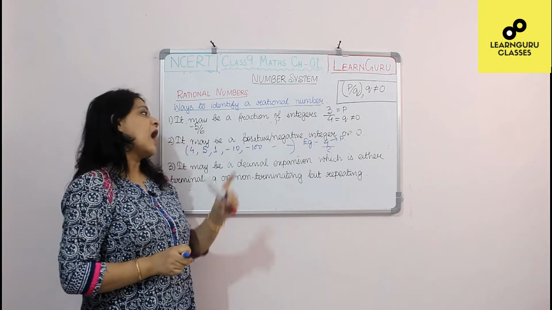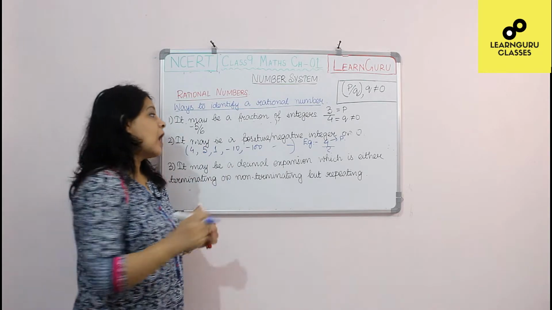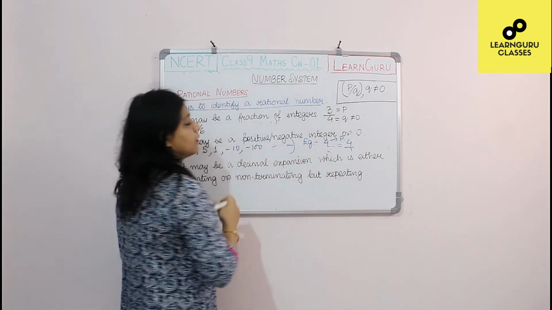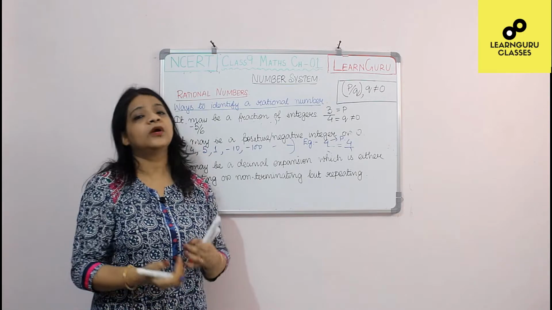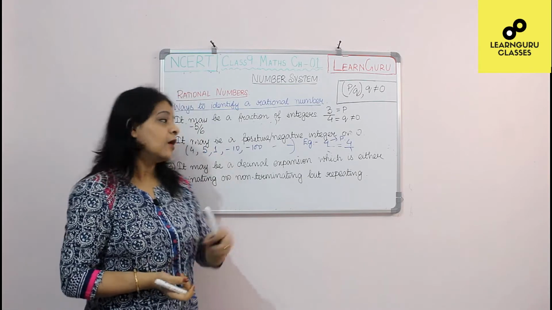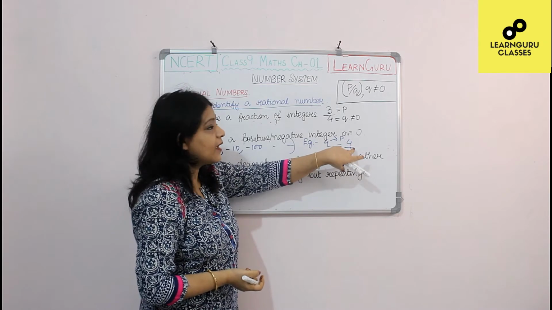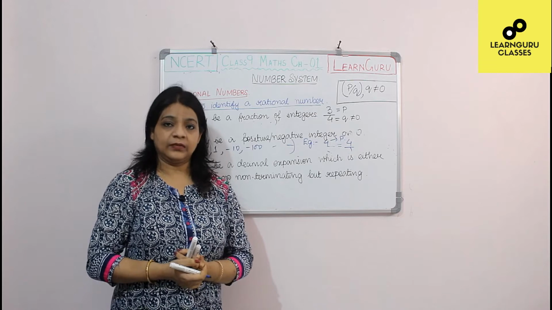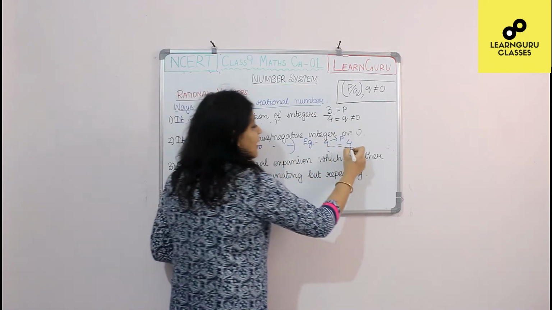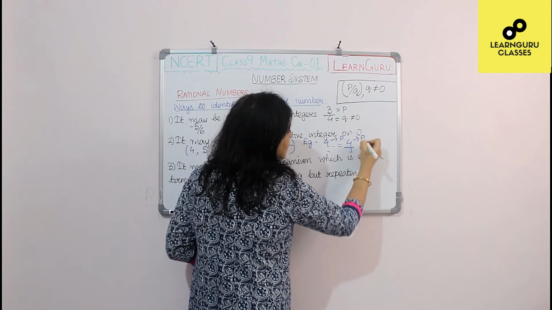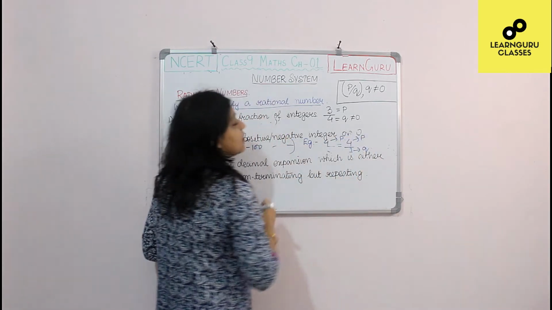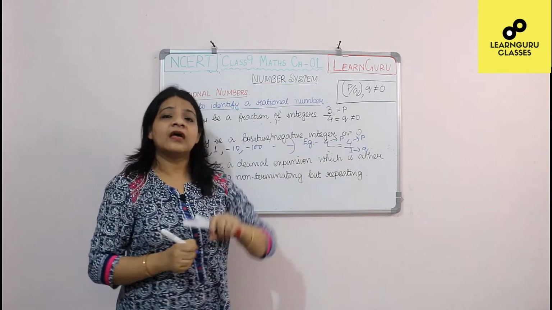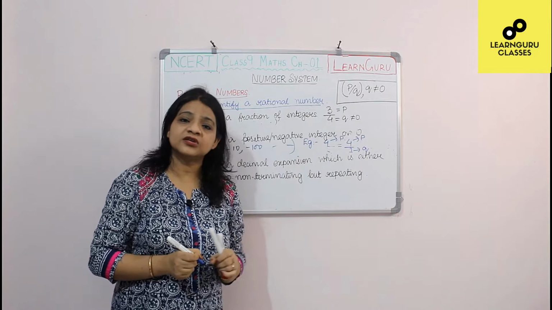The answer is, can I write 4 as 4/1? Yes, because any number divided by 1 is the number itself. Dividing by 1 or writing the number simply means the same thing. So from this, can I say 4 is equal to p, 1 is equal to q, and q is not equal to 0? Yes, so we can express it in the form of a rational number.